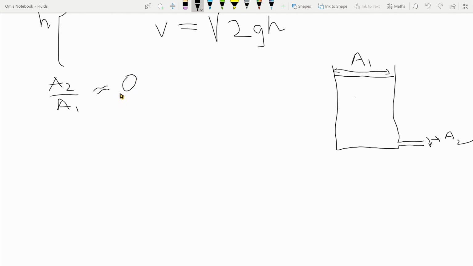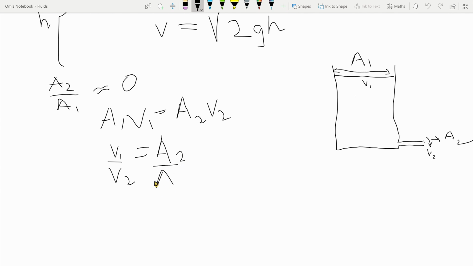Alright, so when we use our equation of continuity, we don't actually know what the velocity V2 is. If I let the velocity at the top be V1, then applying the equation of continuity, we can say A1 V1 is equal to A2 V2. So V1 by V2 is equal to A2 by A1, and we already know that A2 by A1 is approximately equal to 0.